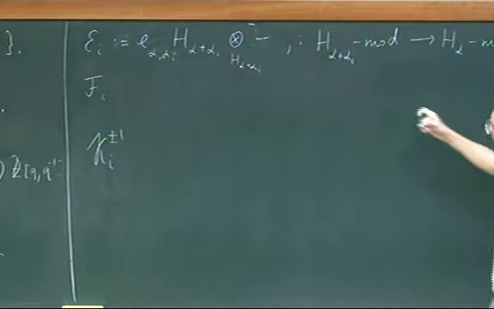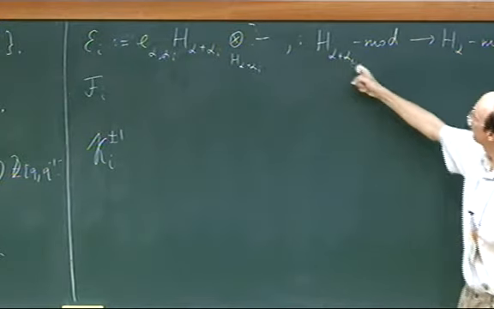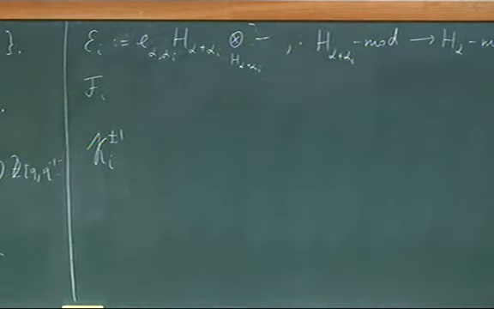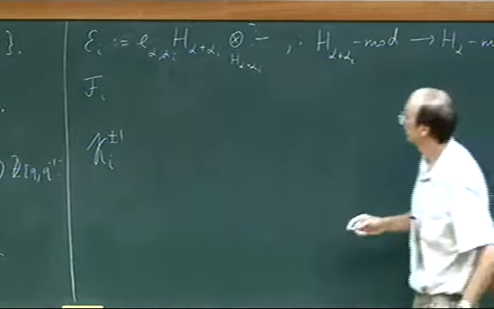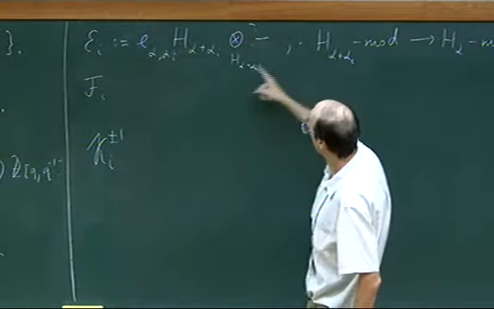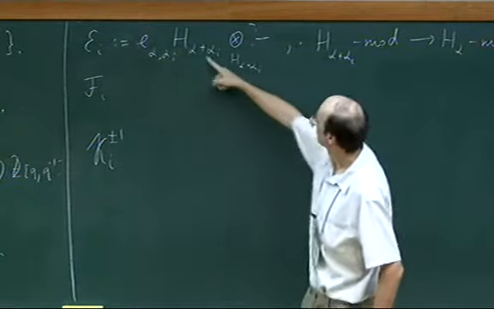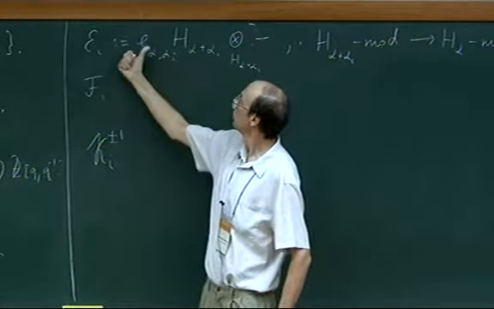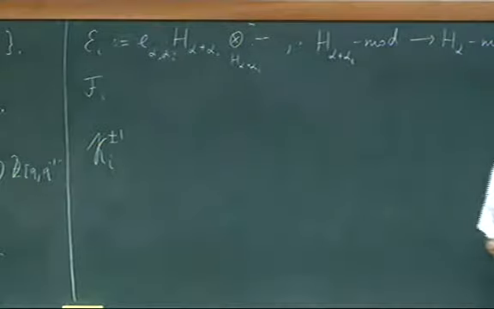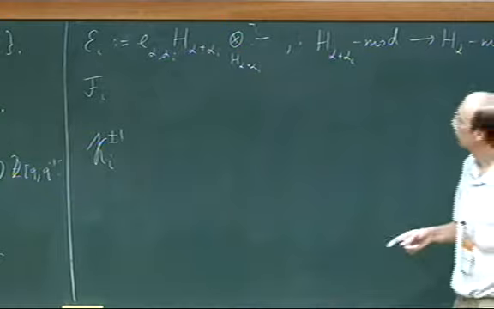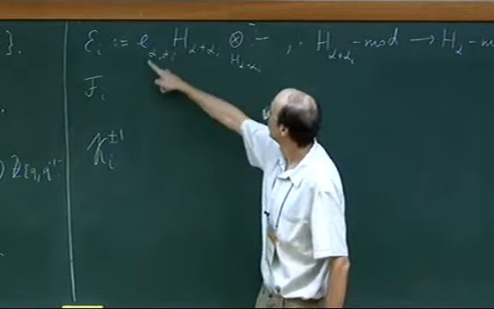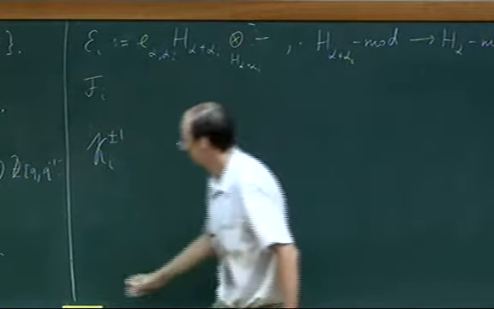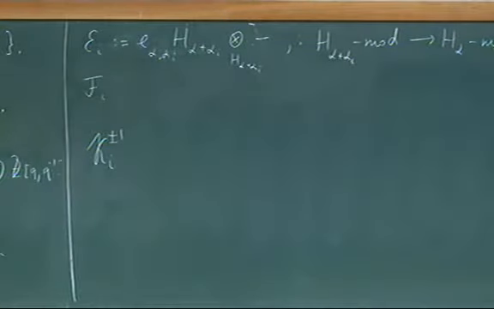There is a natural restriction functor which goes from the H_{alpha plus alpha_i} block to the H_alpha block, and this functor is literally just multiplying with an idempotent. I just need to explain how this is a module over H_alpha. It is in a very natural way, because H_alpha is, well, in general not a subalgebra, but there is a natural homomorphism from H_alpha to this algebra. You will guess that as soon as I tell you what the idempotent is.